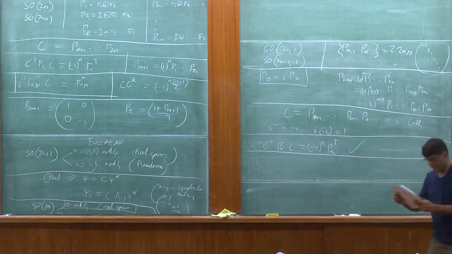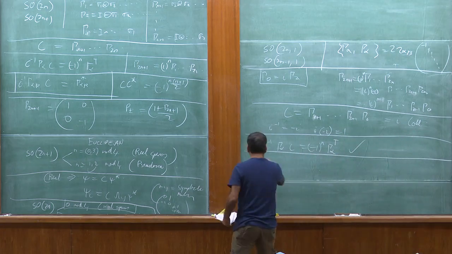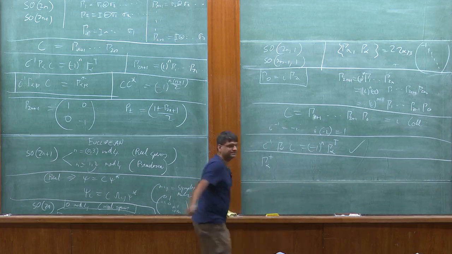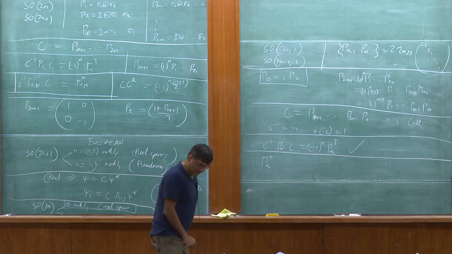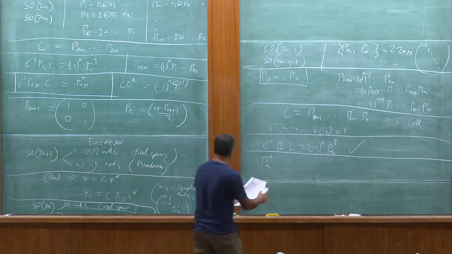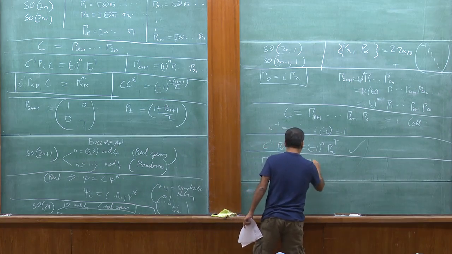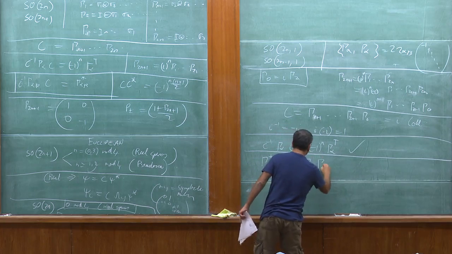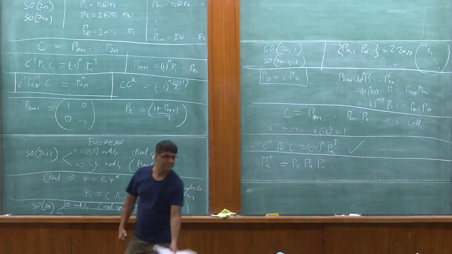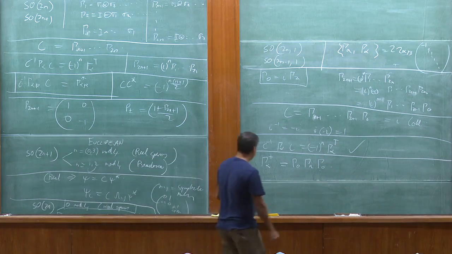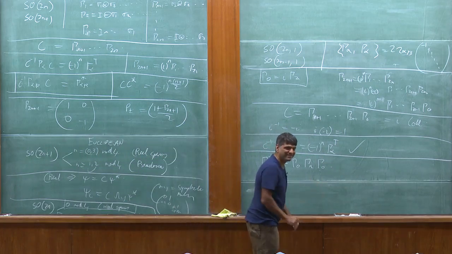Okay? So let's try to recall that gamma alpha dagger is equal to gamma 0, gamma alpha, gamma 0. Let's check this. Maybe it's wrong by a minus sign, we'll check it.